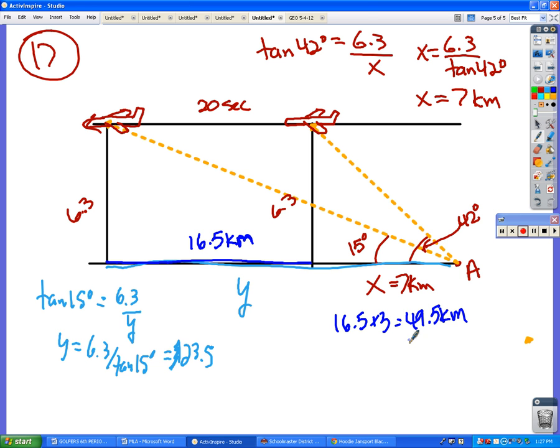Times it by 60. And hopefully, if you do that, you get about 2970. Works for me. 2,970 kilometers per hour. So that airplane is going really fast.